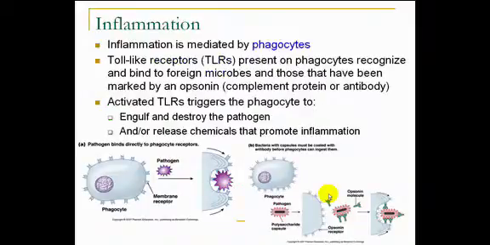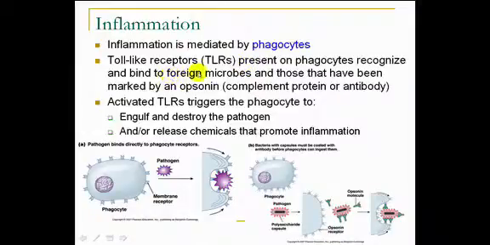So how does inflammation get triggered? Well, the first thing is, like I said, a phagocyte will detect a pathogen. And the way it usually detects a pathogen is phagocytes have receptors on their membranes called toll-like receptors, or some people just call them membrane receptors.